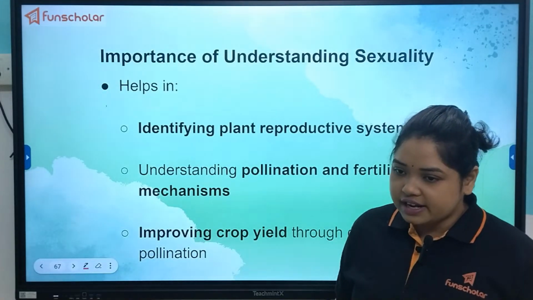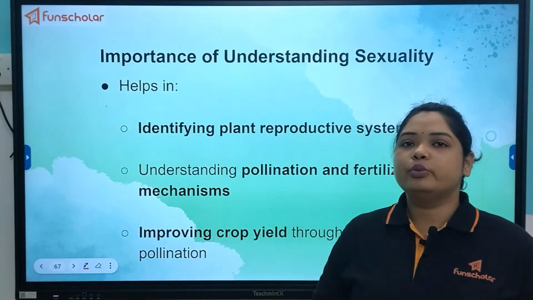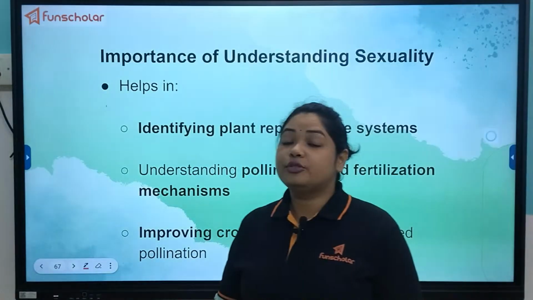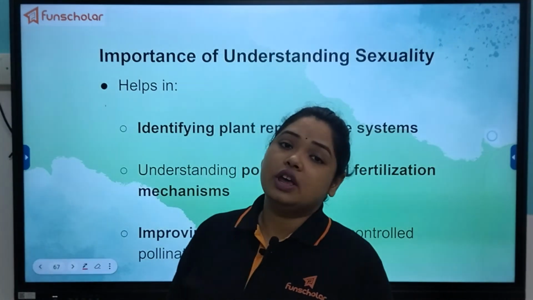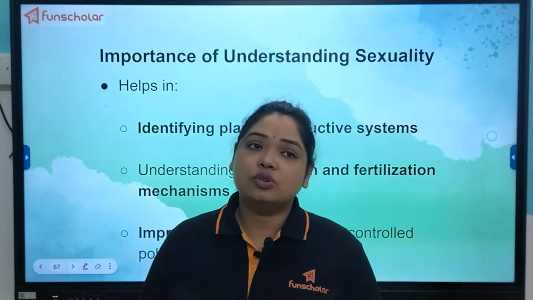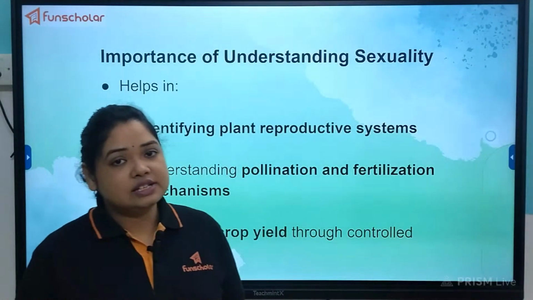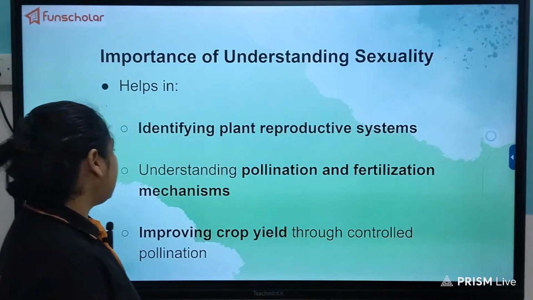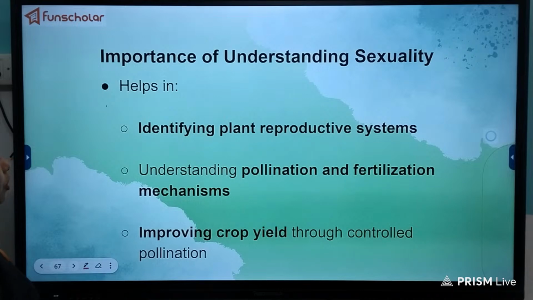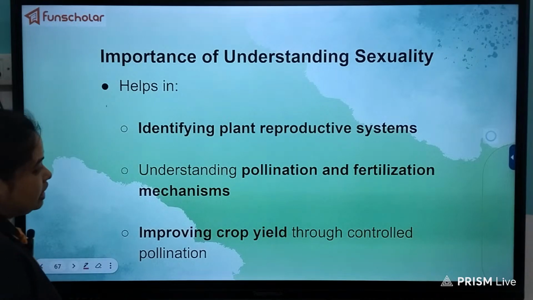Whenever we are raising any plant and want to get the fruits properly, we need to know about the sexuality so that we can plant the seeds accordingly, and understand the pollination and fertilization mechanism.